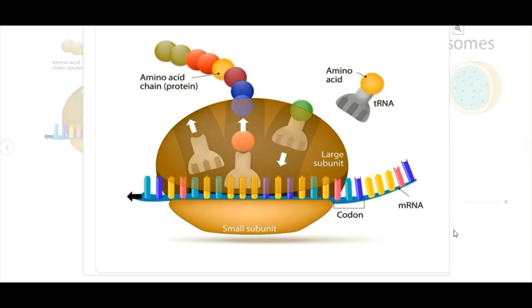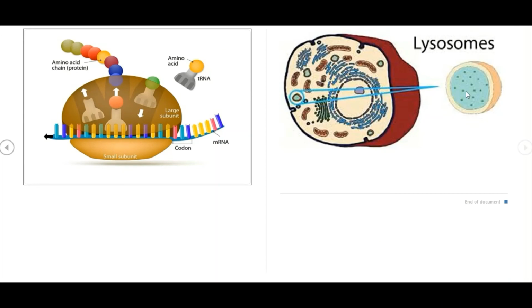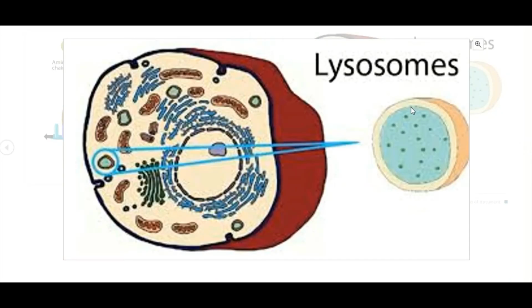So that's the ribosomes. Then we have our lysosomes. In our factory, products are being produced by our workers, and when products are being produced, there's also a lot of waste being produced. Our lysosomes will then be responsible for breaking down or getting rid of toxins and waste from the cell.